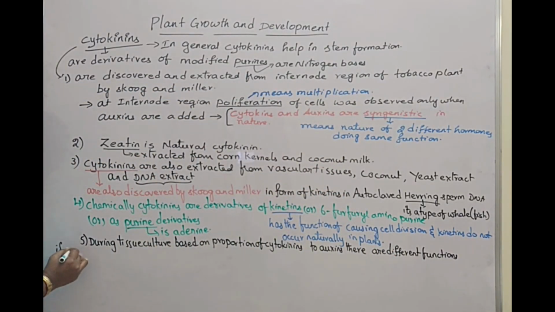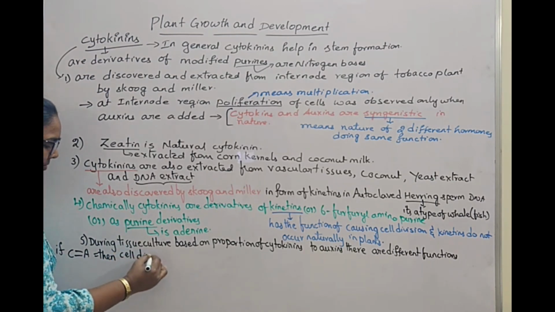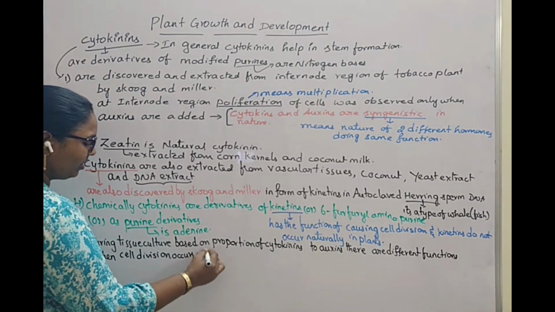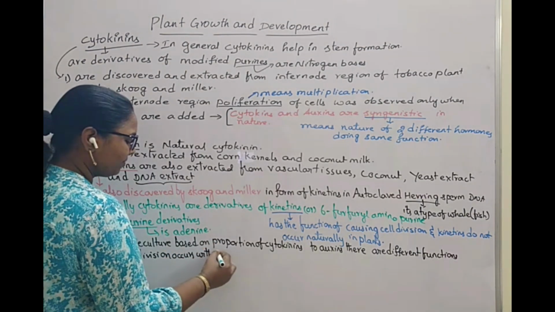If the proportion of cytokinins is equal to auxins, then cell division occurs without differentiation of cells.